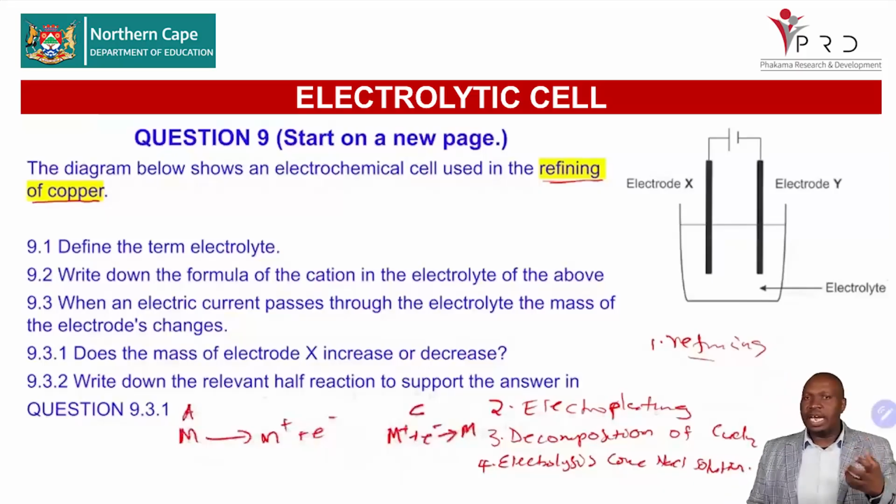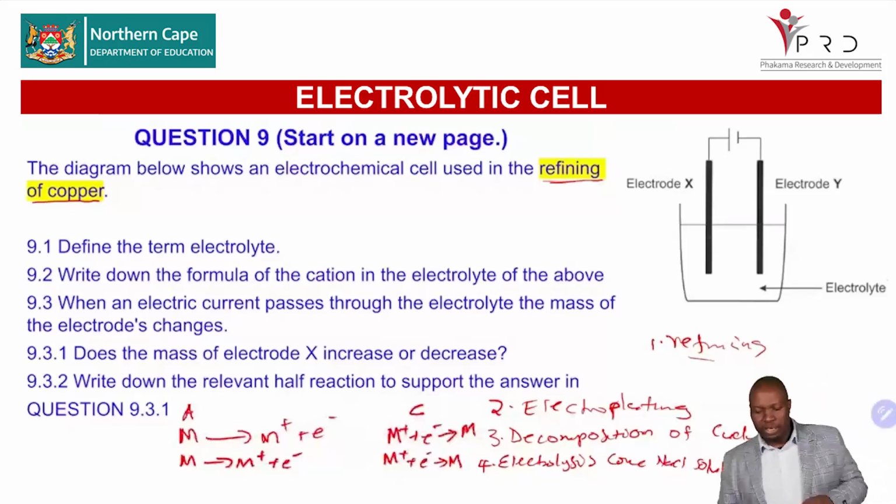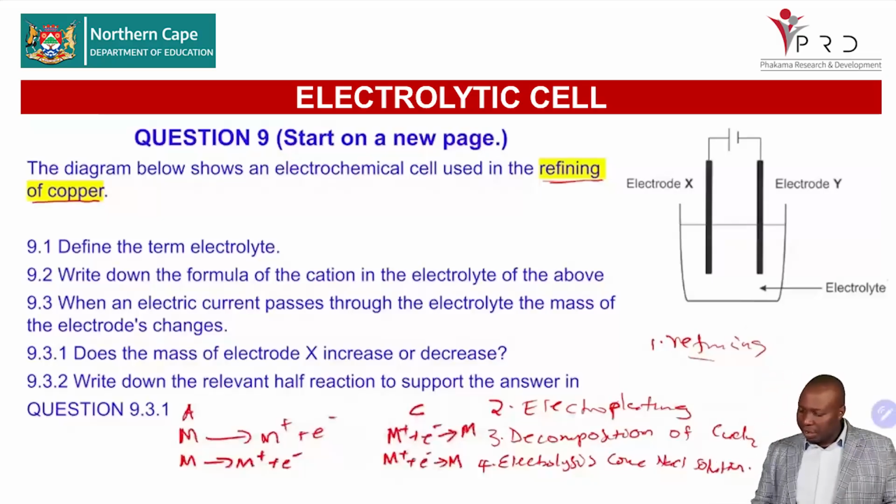The metal object will lose electrons, and on the cathode, the metal ions will gain electrons. That's what is happening during purification and electroplating.